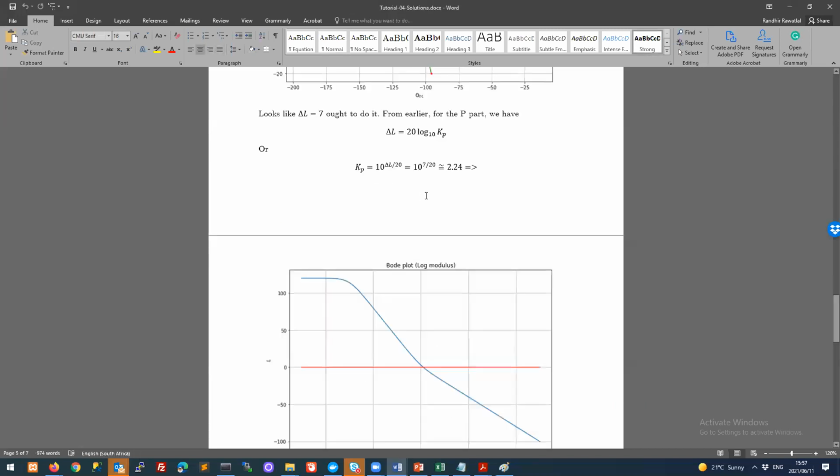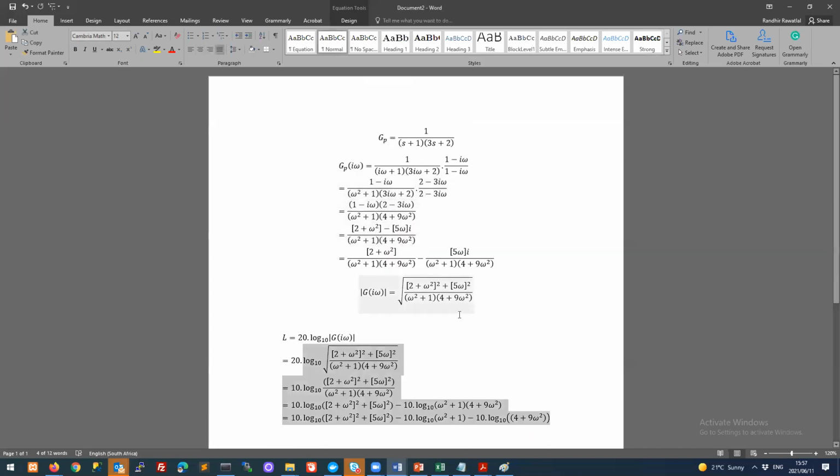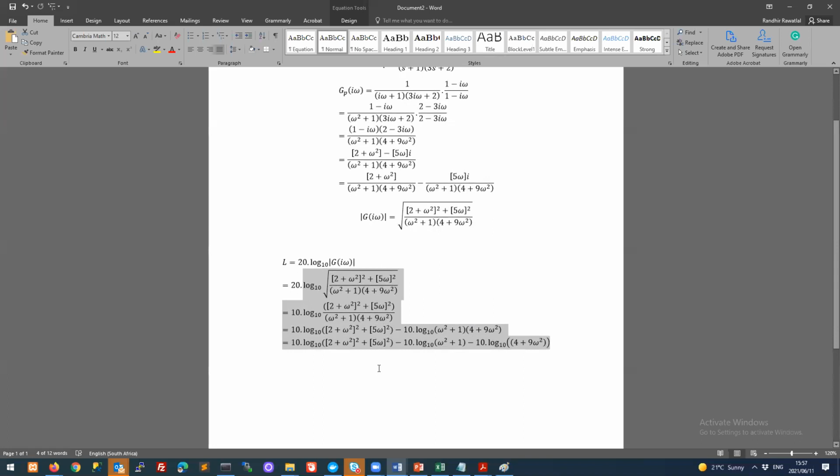So in this case, when omega is small, you can see this part is going to be very close to 0. And then it's basically log 10 of 2. So that's not 0, but it's some finite number, a small number, maybe 0.2 or 0.1, something like that.